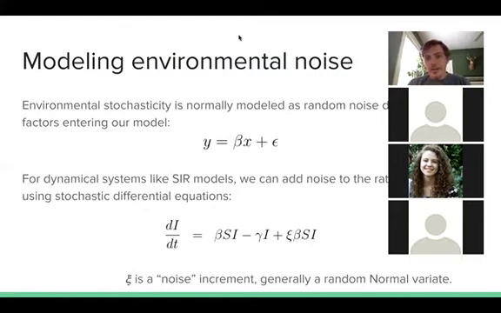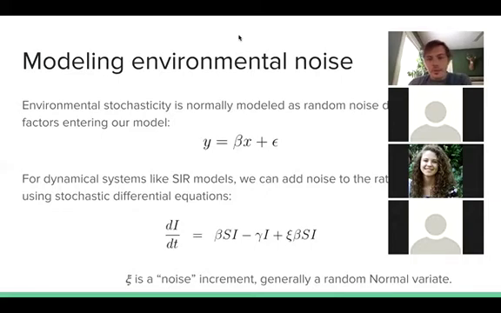We could add environmental noise into that system just by adding an error term, this epsilon term in this equation, which accounts for the fact that there might be some external noise seeping into the system. There might be factors that we're not modeling that cause the relationship between x and y to vary slightly from what we would expect under a strictly linear relationship. So we can include noise in these types of models just by adding a random noise term to the model.